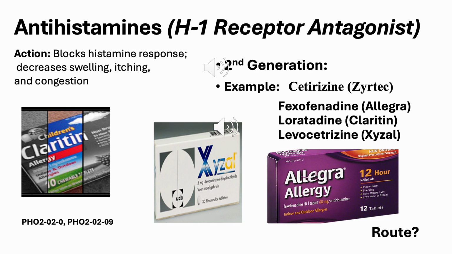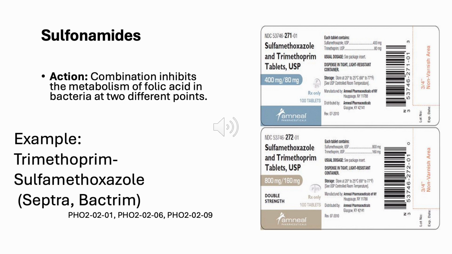Antihistamines all decrease allergen response. They have a drying effect, therefore they all have a side effect of causing dry mouth. Sulfonamides, the action of the combination inhibits the metabolism of folic acid in bacteria at 2 different points.